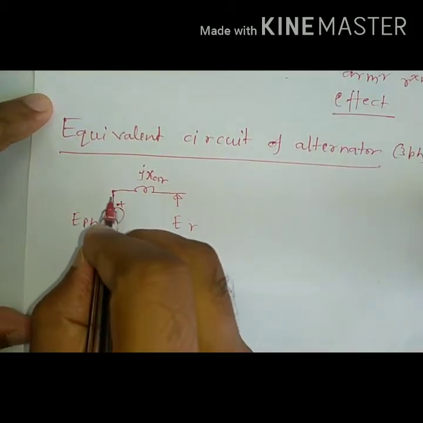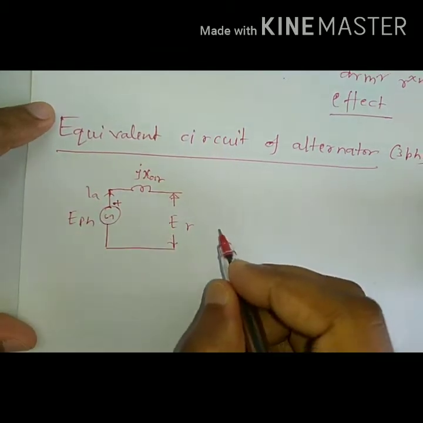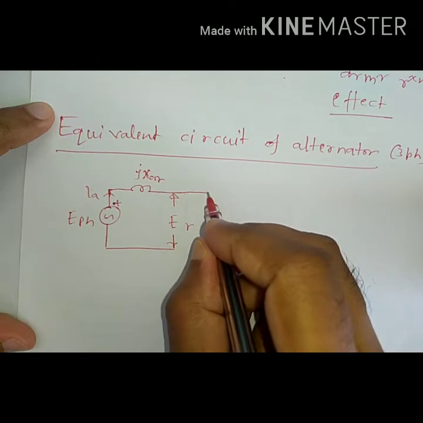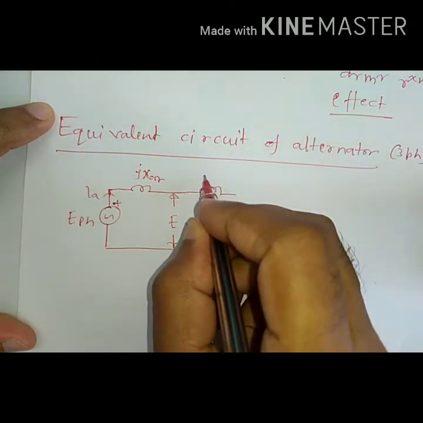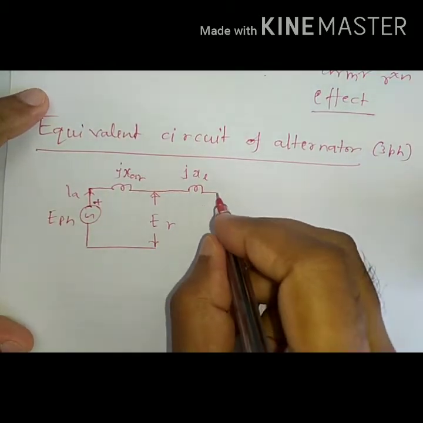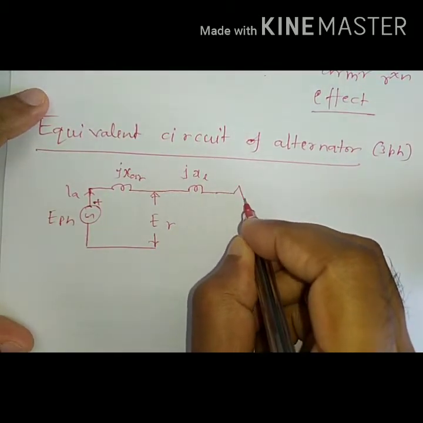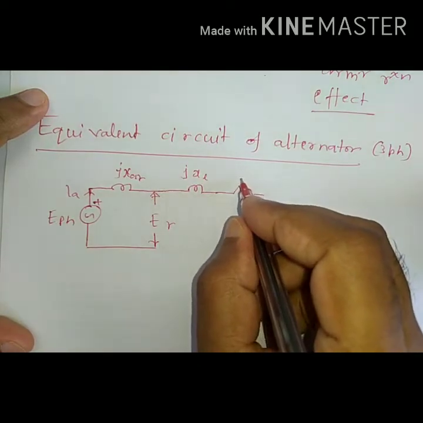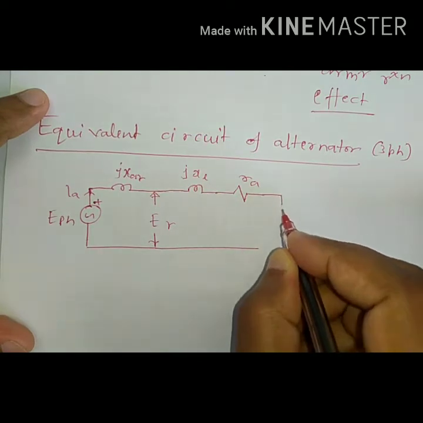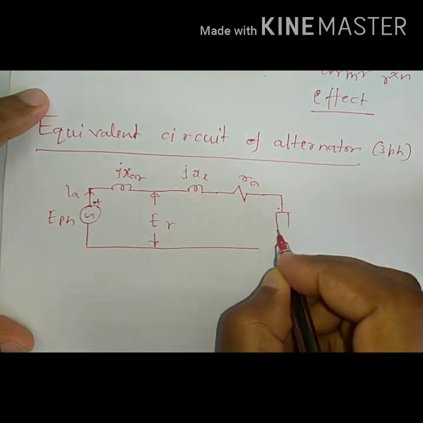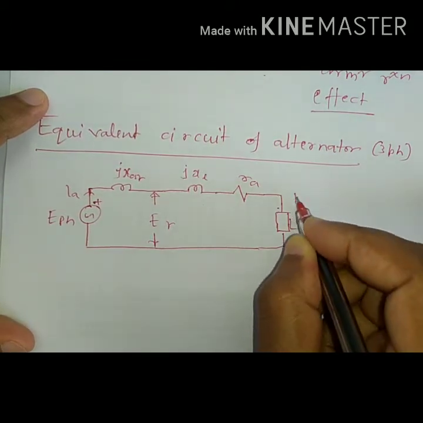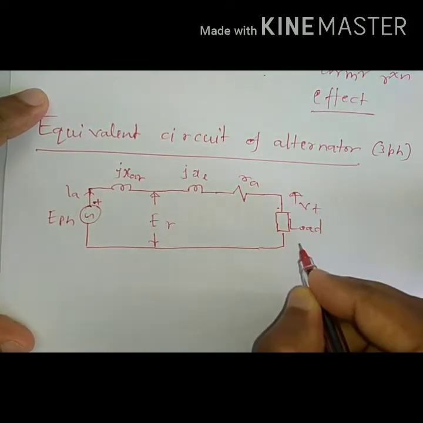As armature current is flowing, there will be armature leakage reactance, that is JXL, and after that we will have armature resistance, RA, and this is connected to the load, and the terminal voltage here is VT.